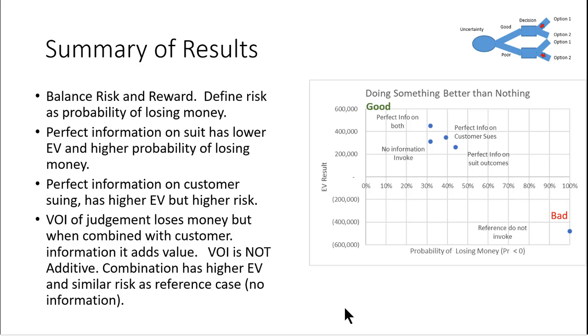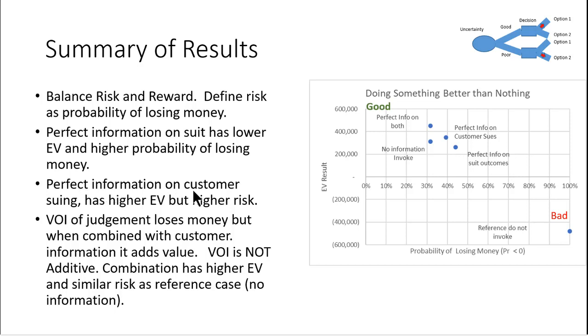This chart of risk and reward allows us to balance those two factors. Let's define risk as the probability of losing money. Perfect information on the suit has lower EV and higher probability of losing money. Here is the perfect information on the suit. So it has a lower EV than no information and also more risk.